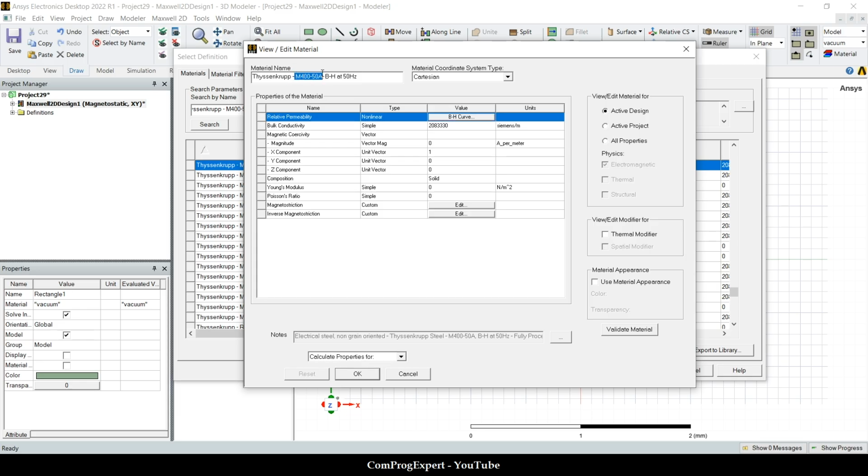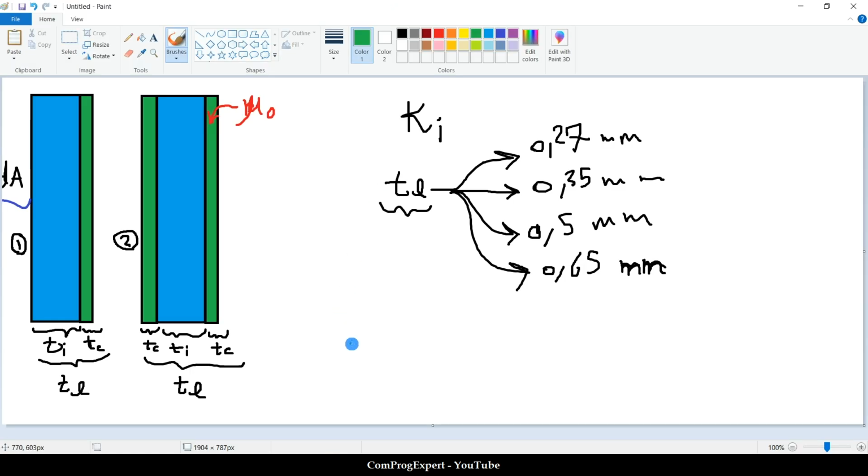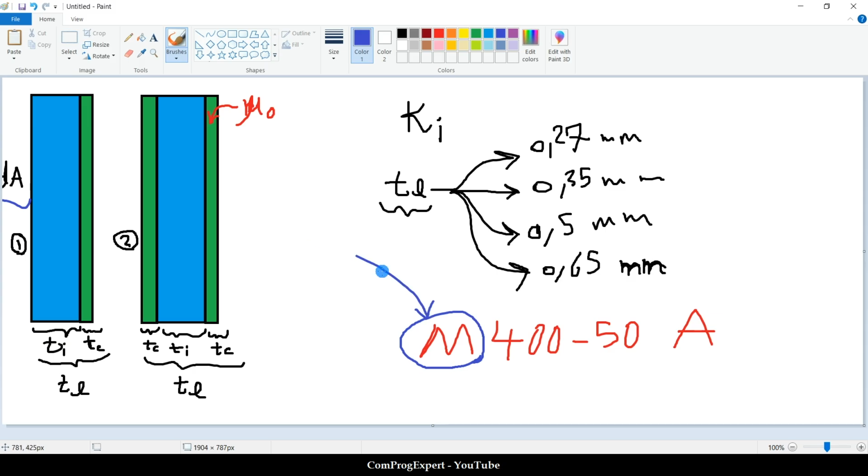So what is this grade number, M450A? We have two letters. These letters depend on the alloys and material used for the electric steel, the type that is oriented or non-oriented.